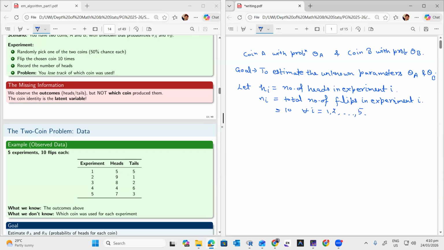This problem is not a standard binomial estimation problem.